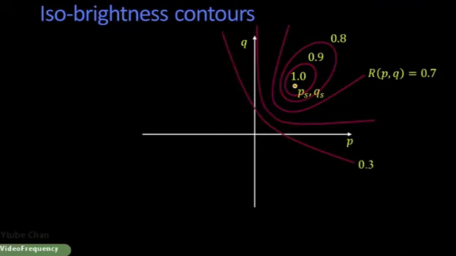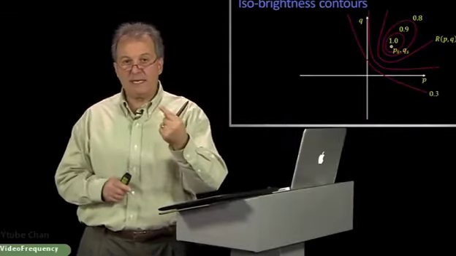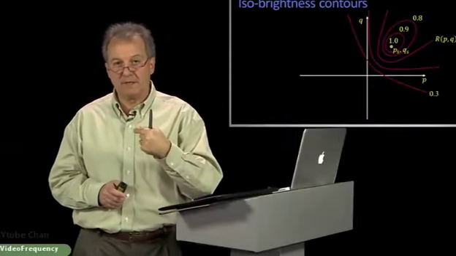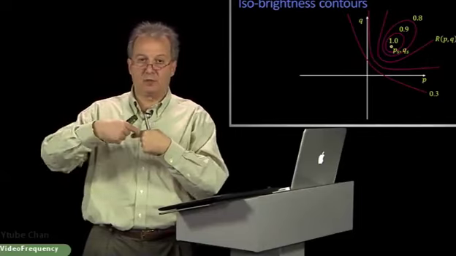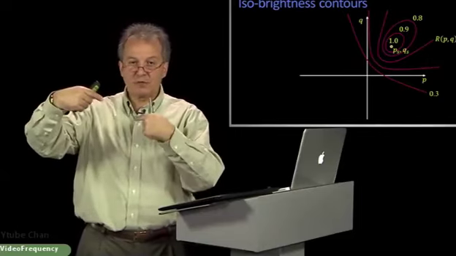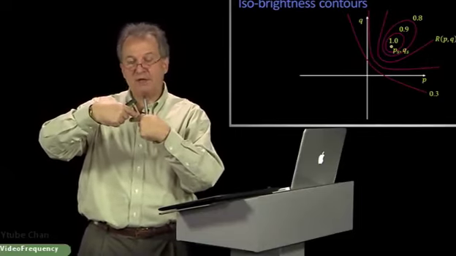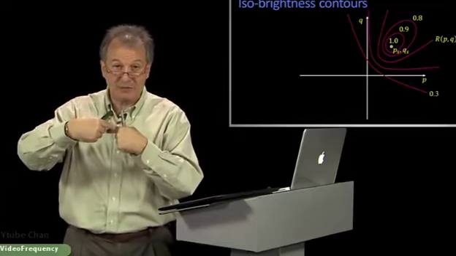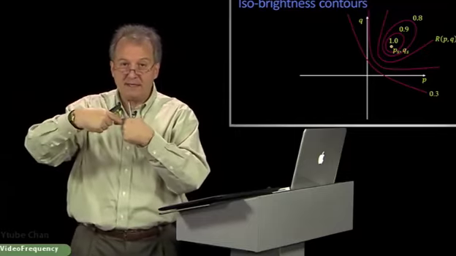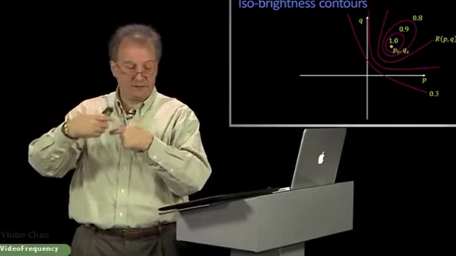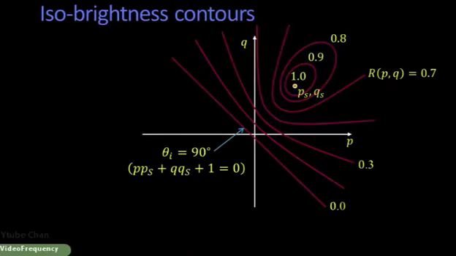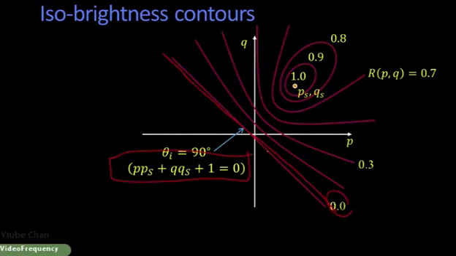And then finally, what happens when we get to a point where the surface normal is perpendicular to the light source? Well, if the surface normal is perpendicular to the light source, the cosine of theta I is 0, so no light is hitting that surface, okay? And so that would be this line right there, where it's a 0 value, because that's the equation of a line in PQ space, right?